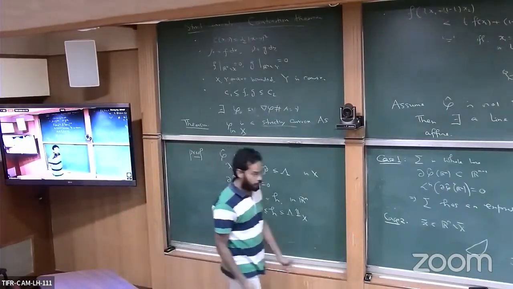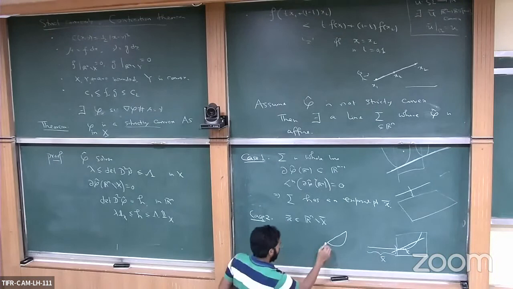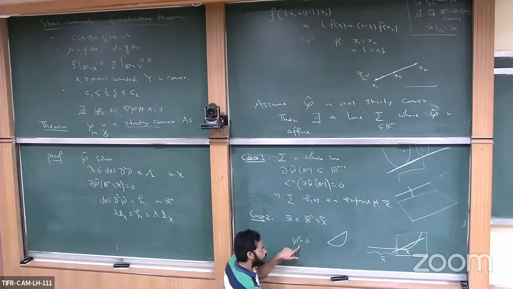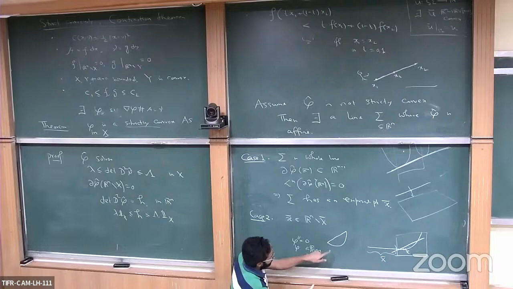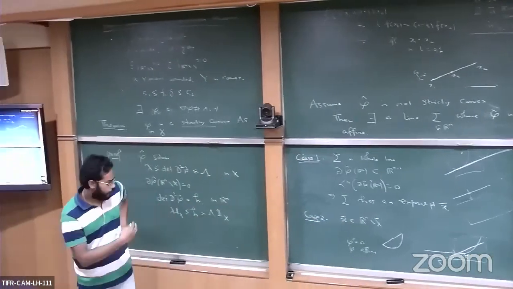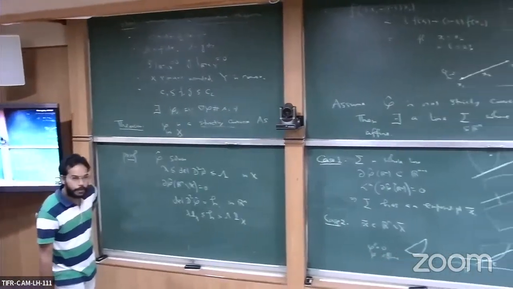So in one dimension, what does that mean? Let us look at one dimension. In one dimension the Monge-Ampère measure is 0, meaning p double prime is 0, right? So that means p is affine. But does this function look affine to you? It is definitely not affine. So this kind of situation cannot happen.